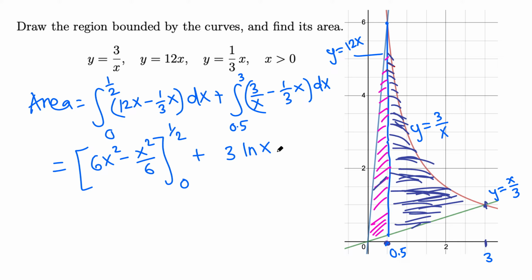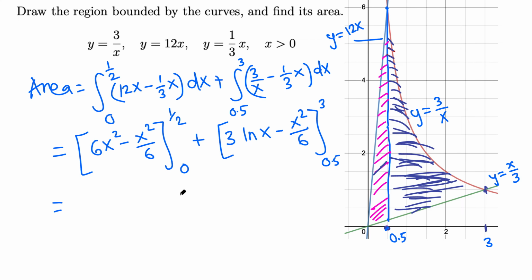And I don't need absolute value because everything is on the positive side of the x-axis, minus 1/3 times antiderivative of x, which is x squared over 2. So x squared over 2 times 3 is 6. It's the same thing like here. And we go from 0.5 all the way to 3. Now just use your calculator and it should be good.